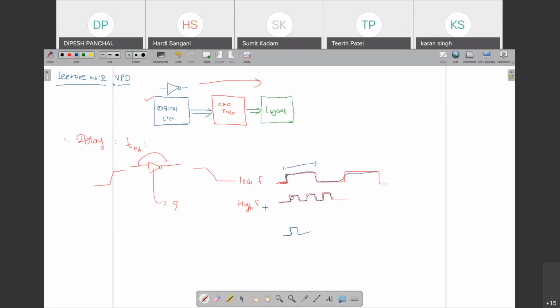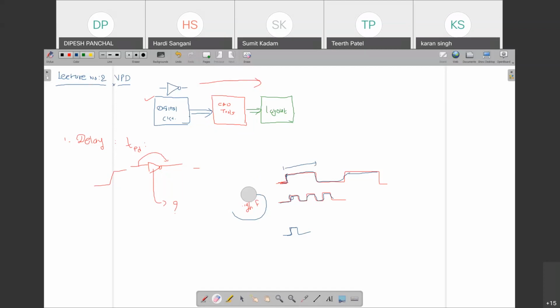So whenever we use any circuit for high frequency applications, 3.6 gigahertz nowadays, you cannot ignore the device delay or parasitics. Definitely you have to consider that delay, otherwise delay violations occur which degrade the performance of your circuits. High frequency applications always worry about this change compared to low frequency applications.